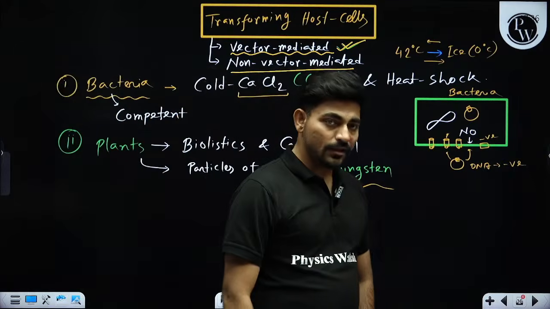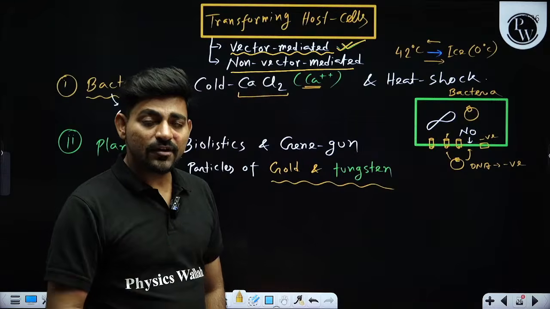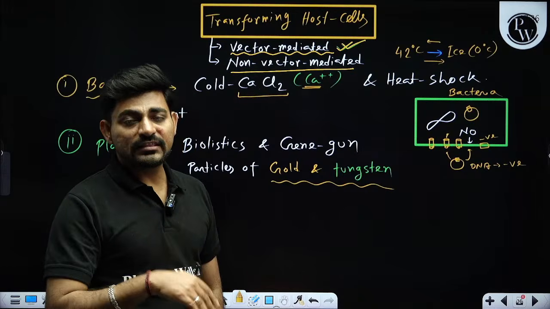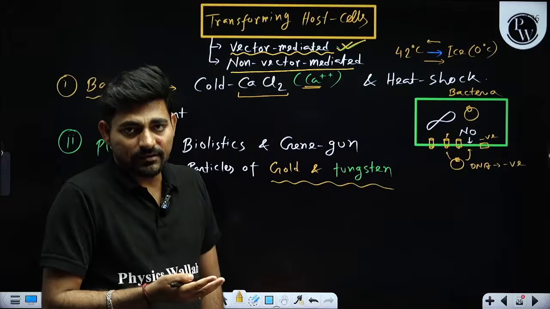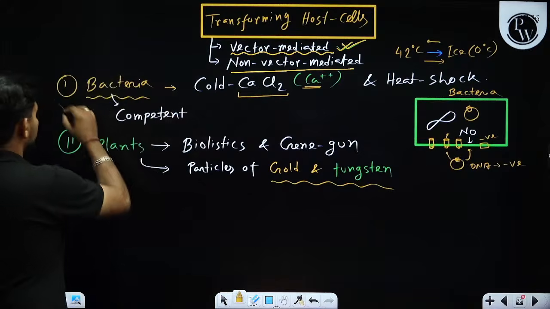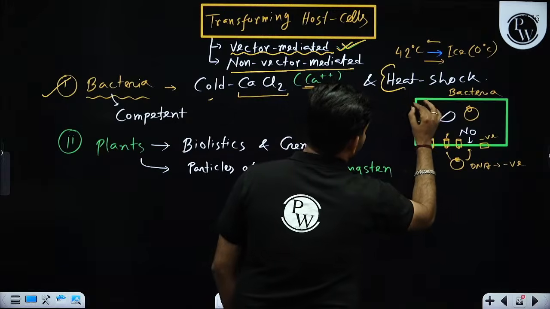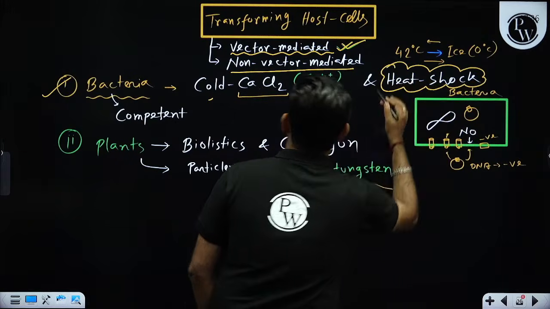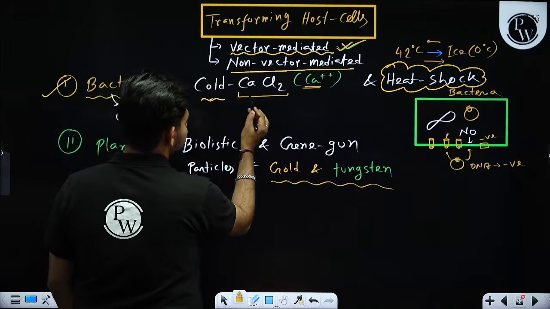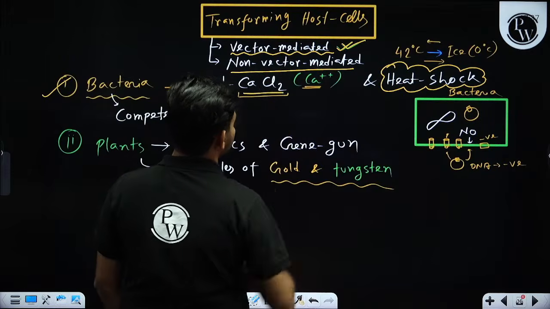Okay. If you want to transform a bacterium without utilizing a vector, then the heat shock method is used along with cold or chilled calcium chloride.